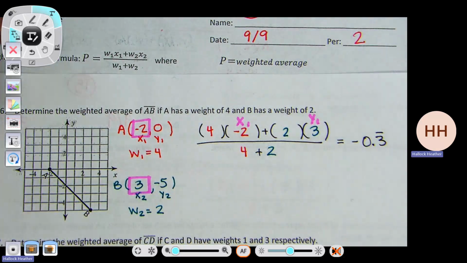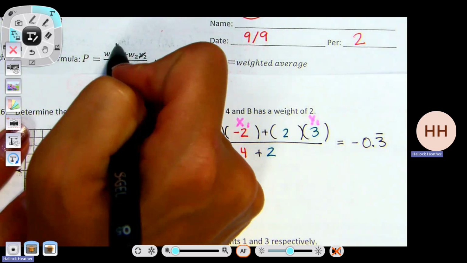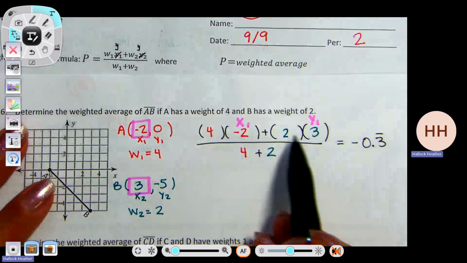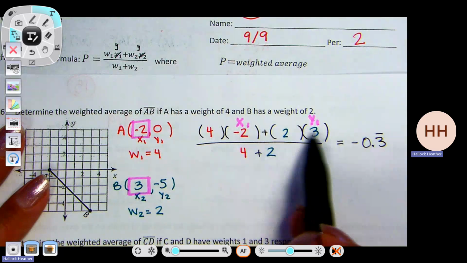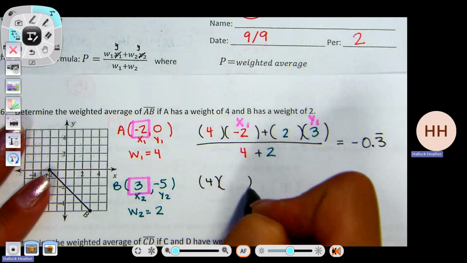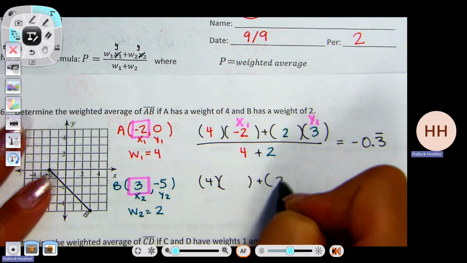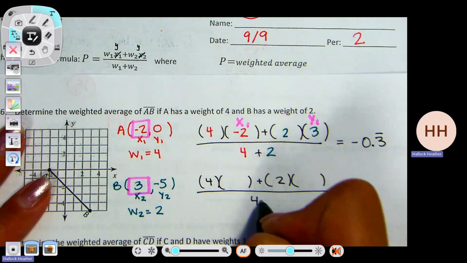The only thing that changes is instead of X's, now we're dealing with Y's. So literally it's the same exact formula, but now it's Y1 and Y2. So everything in the formula stays except for this and this are going to change. So I'm doing 4 times something new, 2 times something new, and I'm still dividing by 4 plus 2.